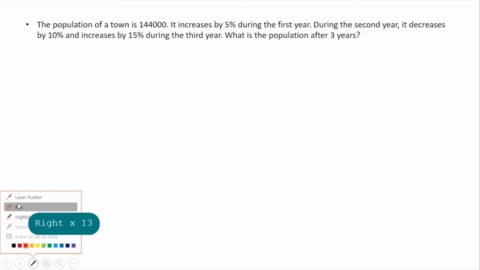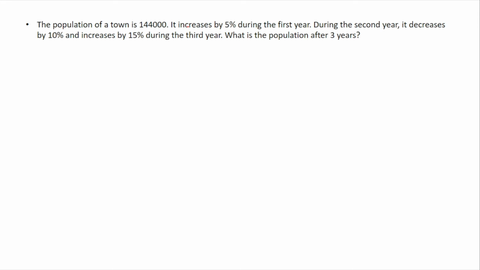Okay, so here is a question. The population of a town is 1,44,000. It increased by 5% during the first year. During the second year, it decreased by 10% and increased by 15% during the third year. What is the population after 3 years? They are asking, okay.